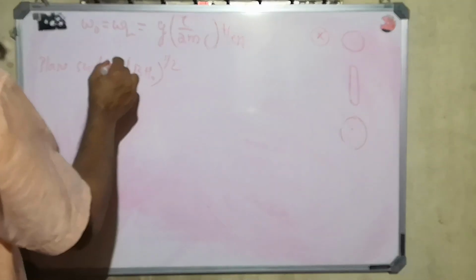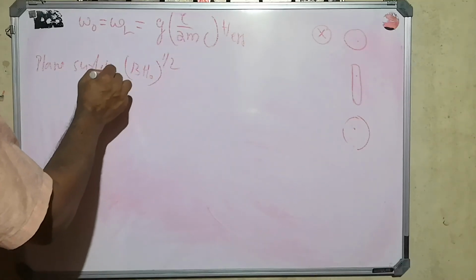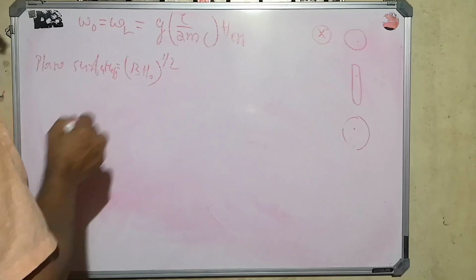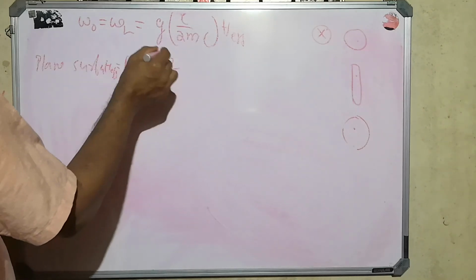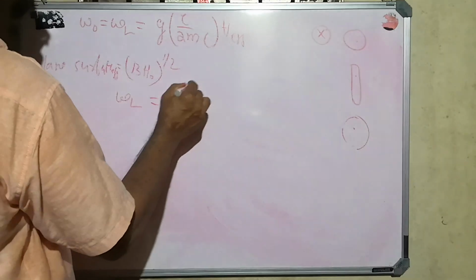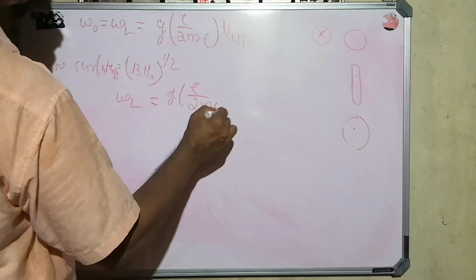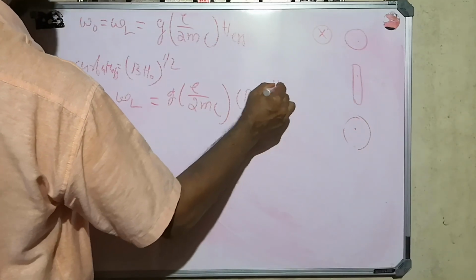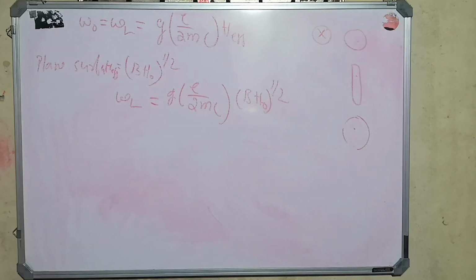So H effective is equal to B into H naught to the power half. Therefore, for a plane surface you write omega L is equal to g e by 2mc into B H naught to the power half. So as you change the shape, the expression for H effective also changes.